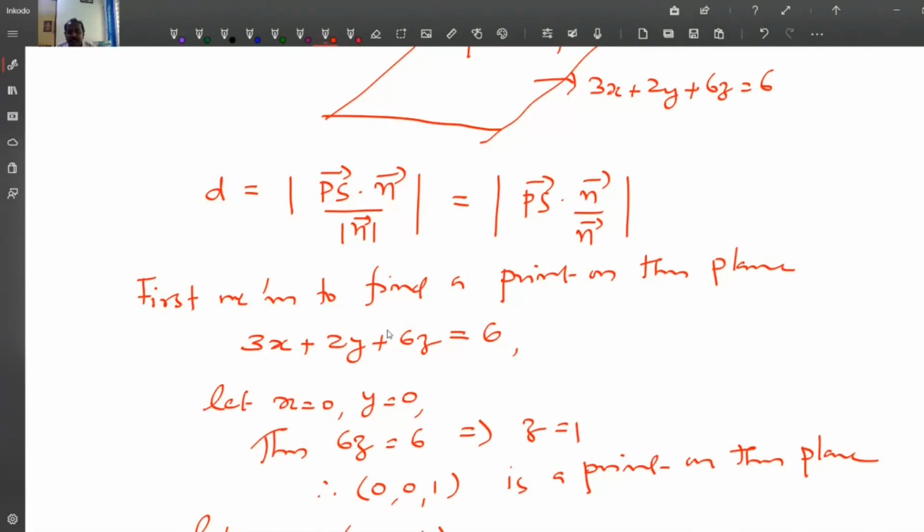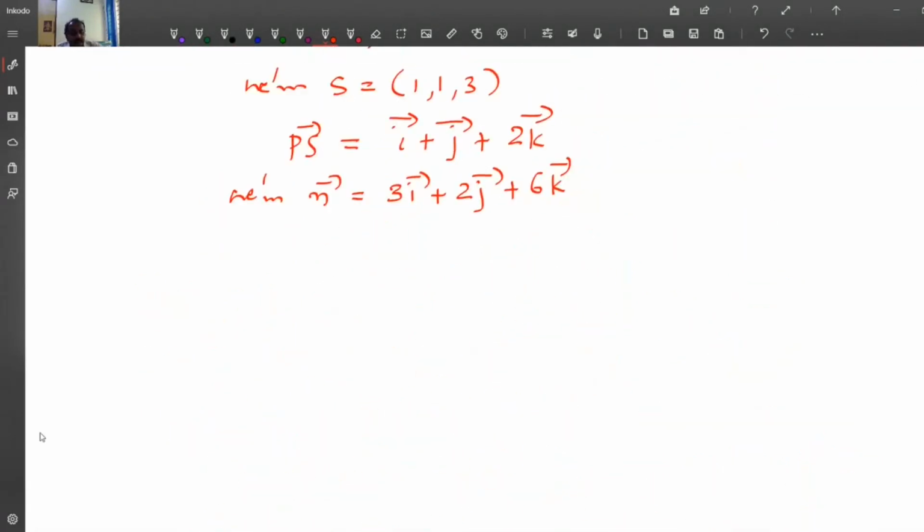Therefore modulus of n is square root of 9 plus 4 plus 36. So this is root 49, which is equal to 7. So that is the modulus of n.